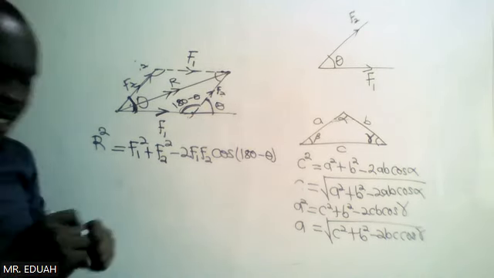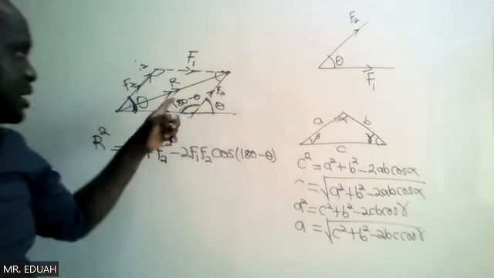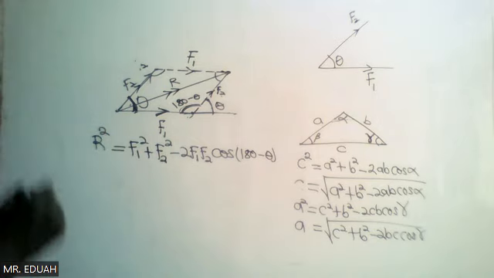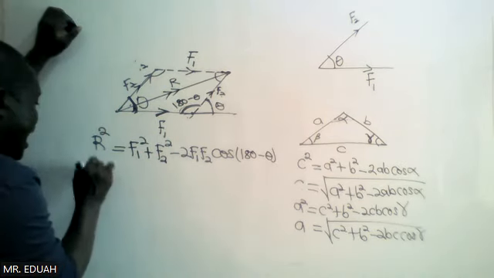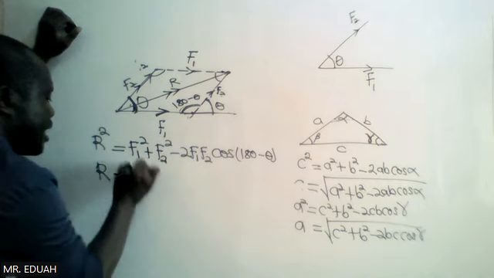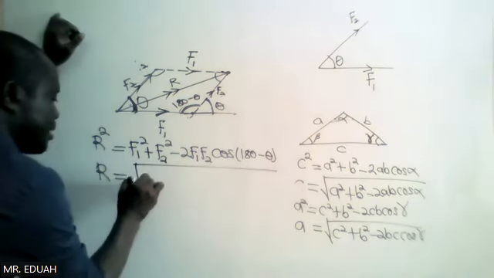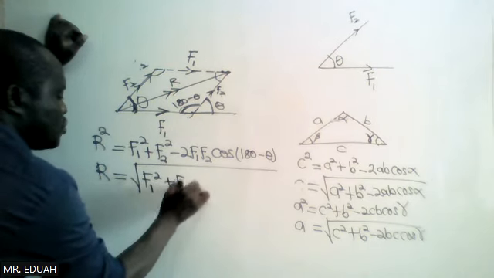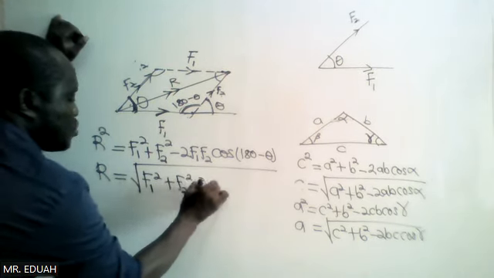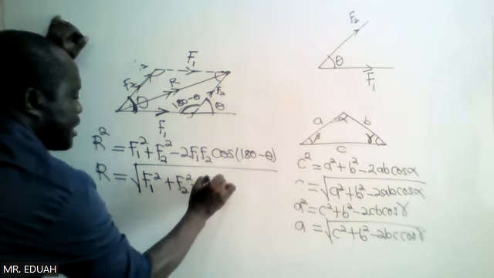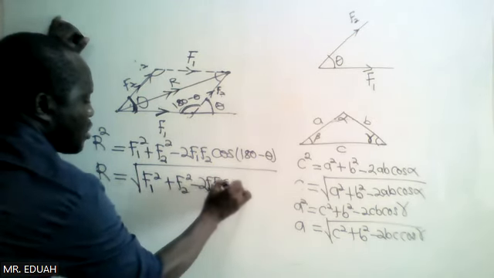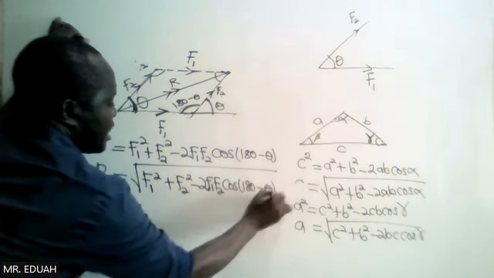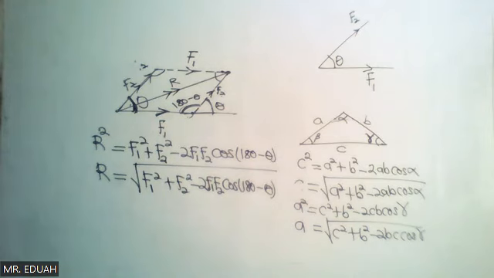So this is actually the angle opposite to R. Therefore, R would be equal to the square root of F1 squared plus F2 squared minus 2F1 F2 cos of 180 minus theta.